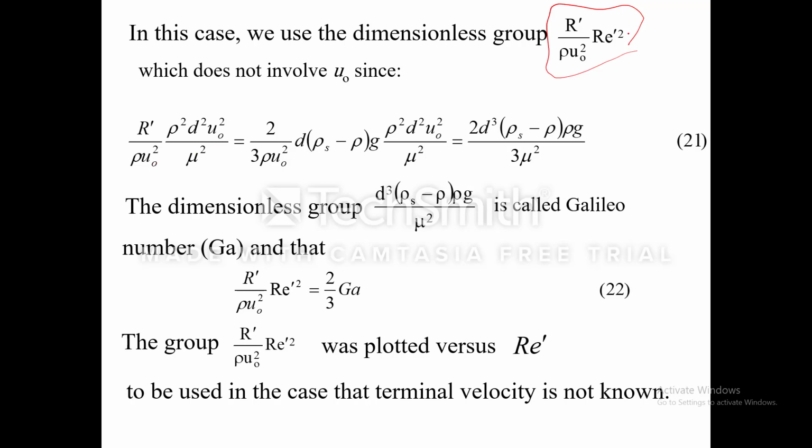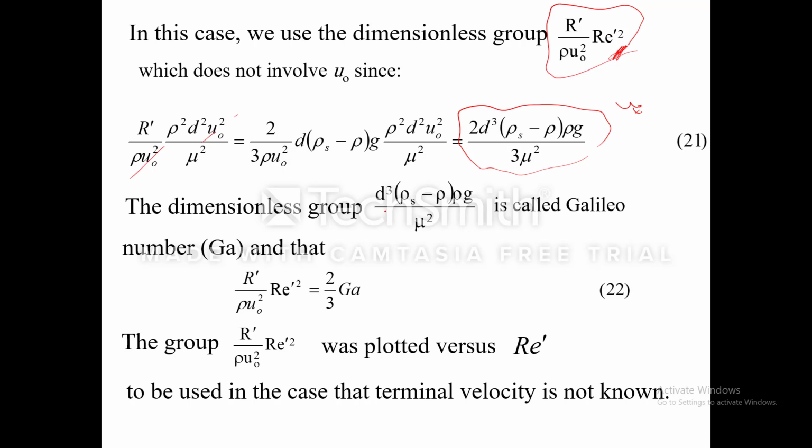If we put the Reynolds number, which is rho squared d squared u naught squared over mu squared, u naught will cancel with u naught here, so we get this term equal 2 d cubed (rho s minus rho) rho g over 3 mu squared, which does not contain u naught or ut.